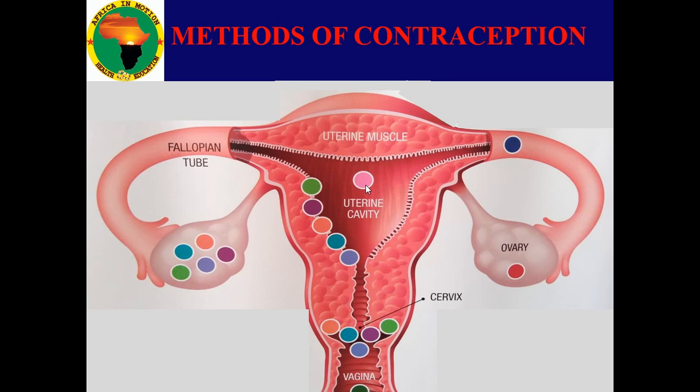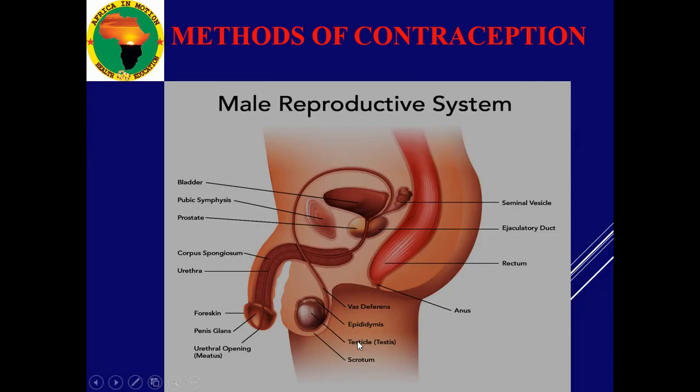On the female reproductive system, we are going to see some which will work on the ovary, others in the uterus, other methods on the fallopian tube, and others in the vaginal canal. While on the male, we will see a method that is used on cutting this tube.